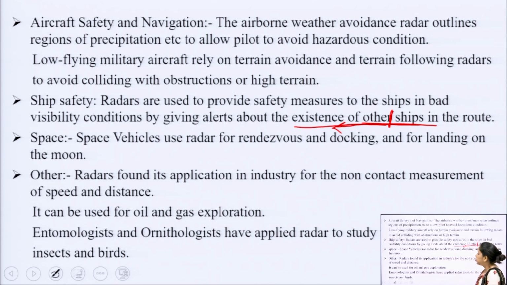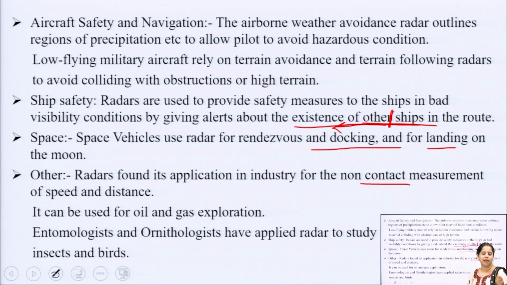Then radar can be used for space also. Space vehicles use radar for rendezvous and docking and for landing on the moon. Radars find application in industry for the non-contact measurement of speed and distance, because in radar, what is the function basically?